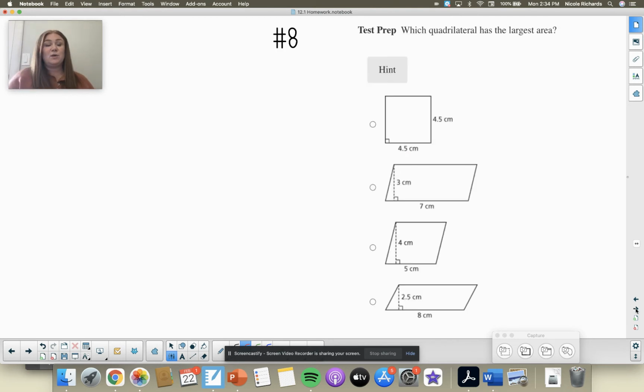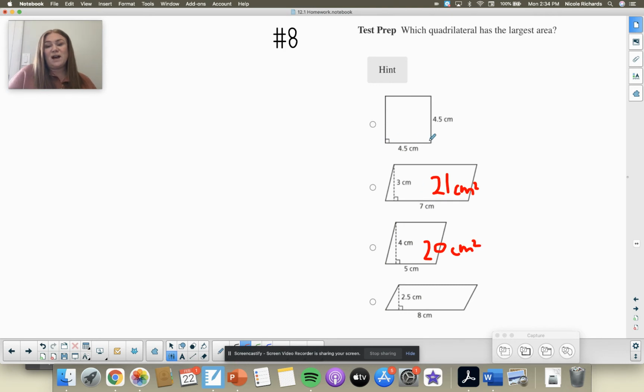Number 8 wants to know which of these has the largest area. So I can see here that base times height is 21 centimeters squared. I can see here 5 times 4 is 20 centimeters squared. So I'm going to let you do the other two.